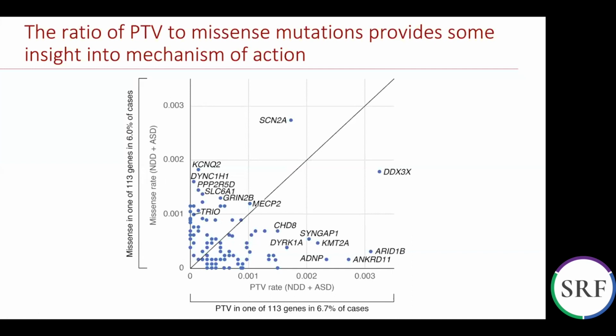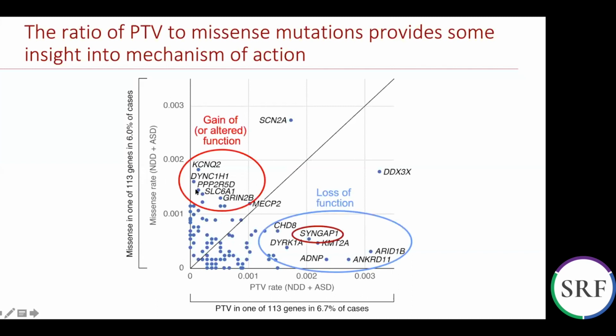Now, those missense mutations can increase or decrease function, whereas the protein truncating variants can pretty much only decrease function. So when we plot it like this, we can, in a very simplistic way, say that those which go up here are gain of function, and those which go to the right are loss of function.